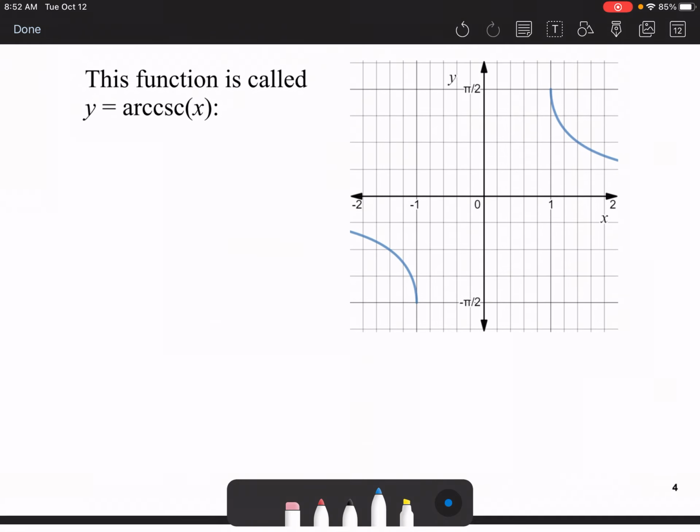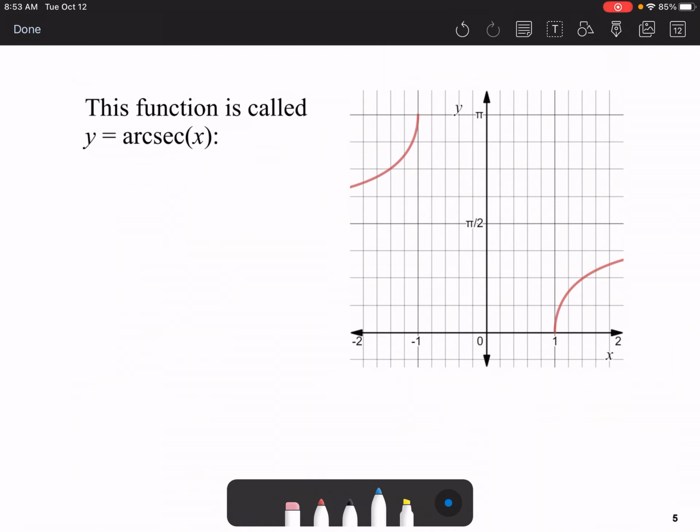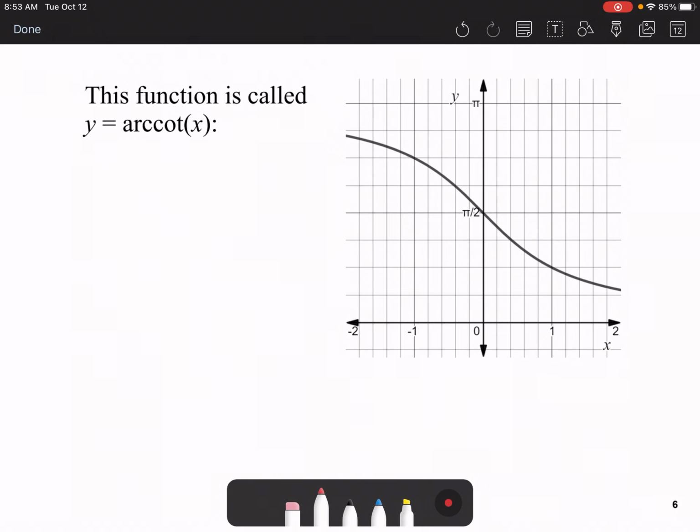We also have arc cosecant, or cosecant inverse of x, arc secant of x, or y equals secant inverse of x. And last but not least, there's arc cotangent, or y equals cotangent inverse of x.